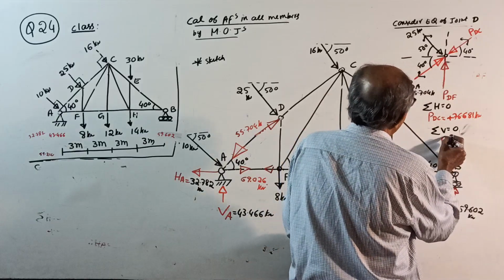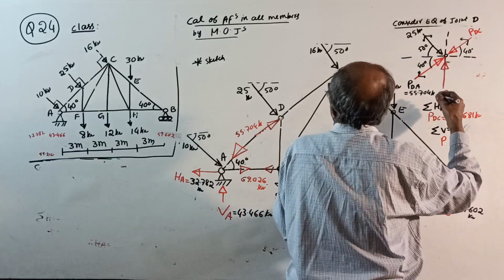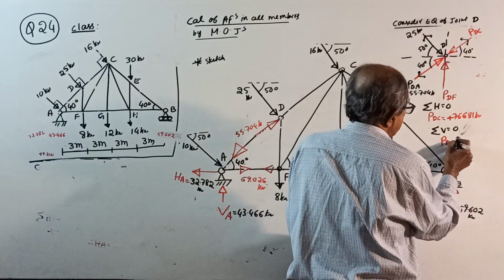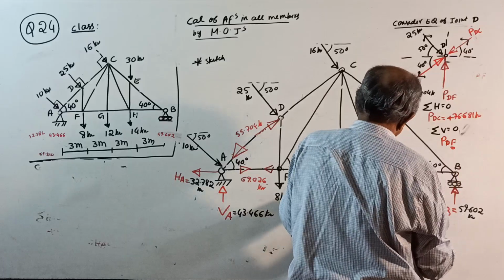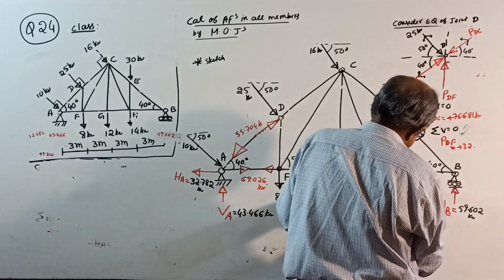You will get P, which one? That is the joint here. I forgot to name my joint. This is joint D. PDF will come plus 32.635.